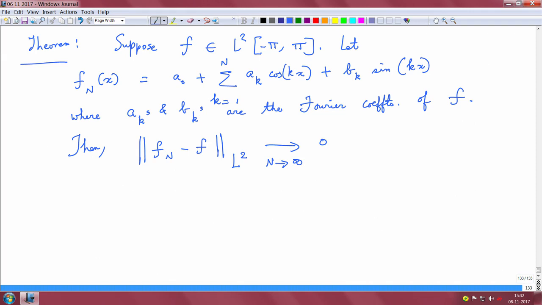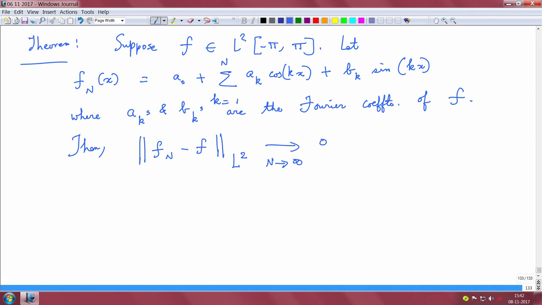The proof is involved, and we will discuss it later, but I think you get a sense of some geometry here. You consider some square integrable function, let f_n be in this form, then under the L2 sense this heads to 0 as n goes to infinity.